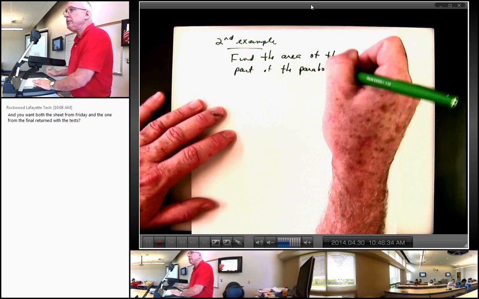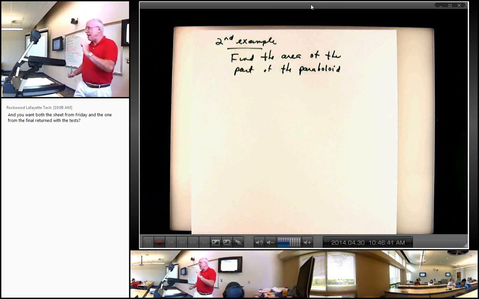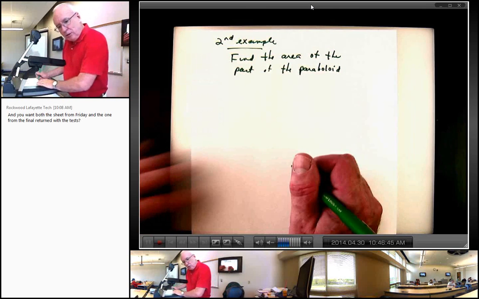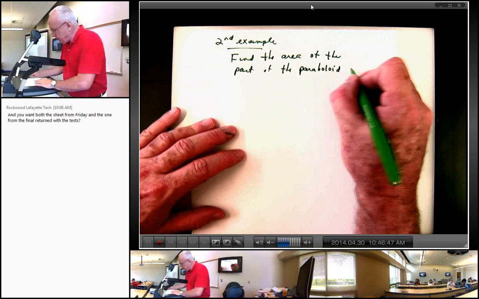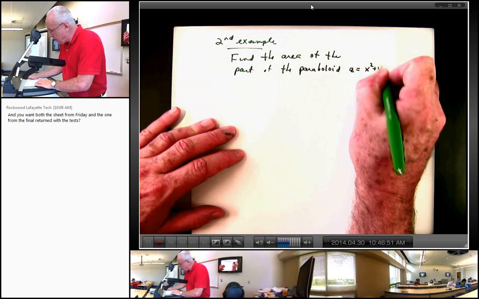And I tell you, with these names, I still have to think again as to exactly what that is. Part of the paraboloid, okay, here they'll give you the equation: z is equal to x squared plus y squared.